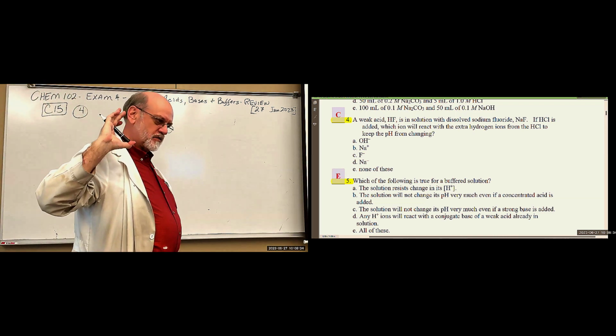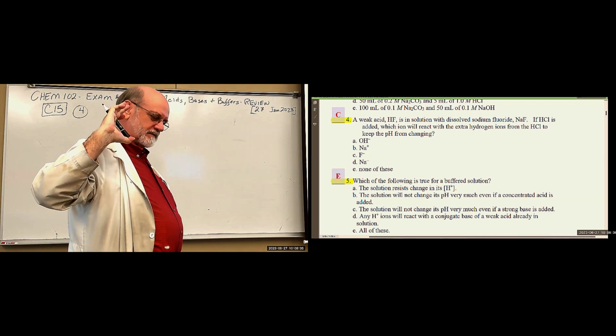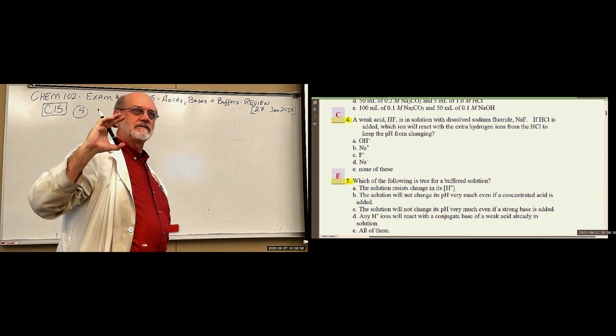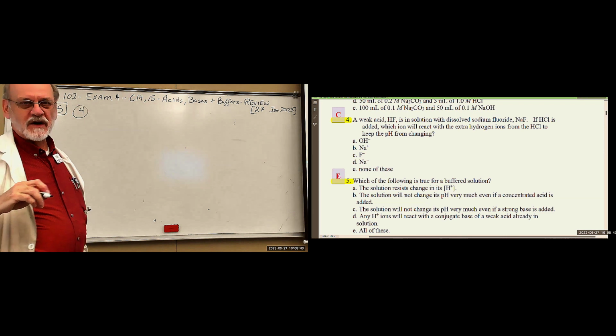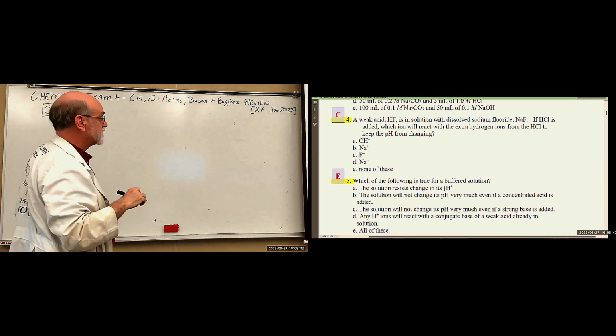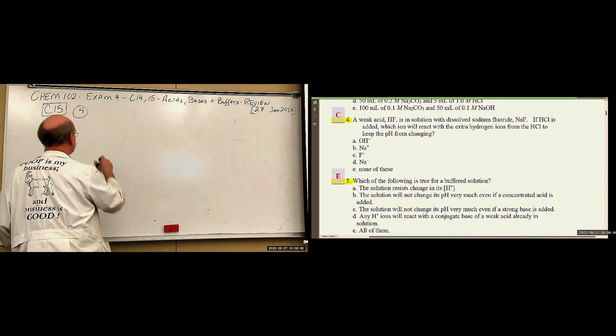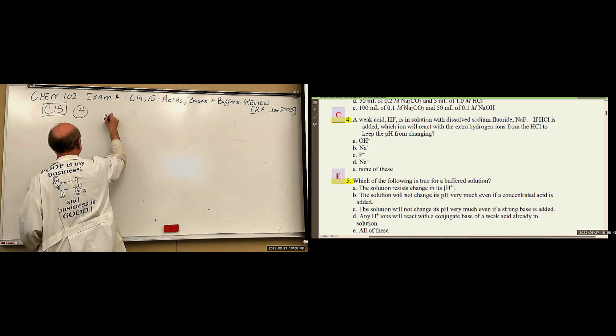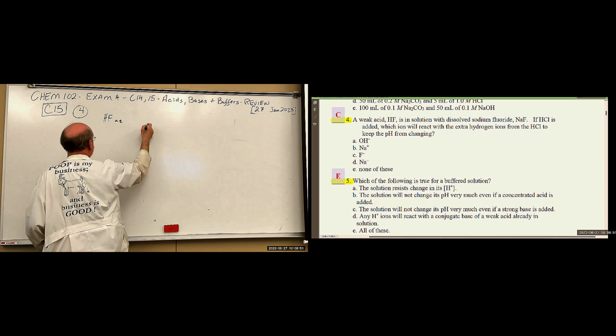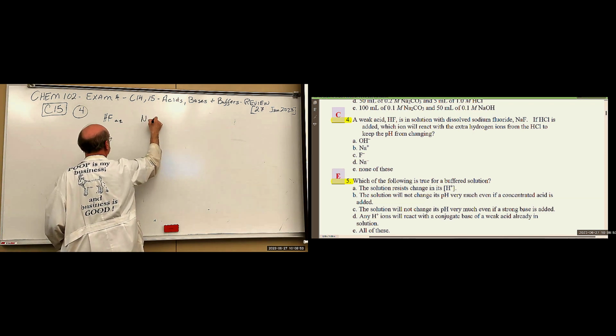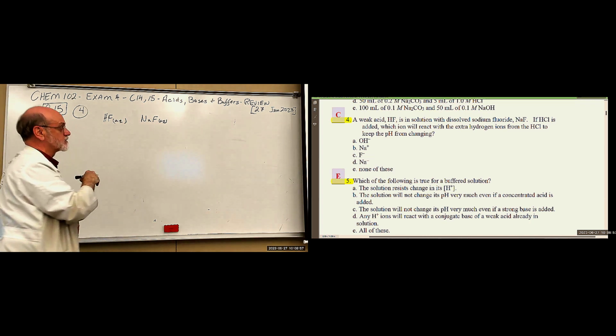We're getting into the buffer zone. A weak acid, HF, is in solution with dissolved sodium fluoride. So we got HF in aqueous solution, and we got sodium fluoride in aqueous solution together in that same solution.